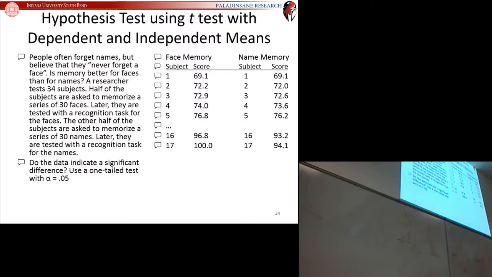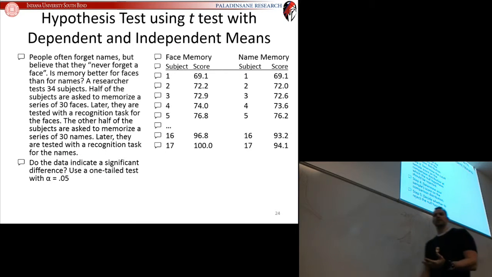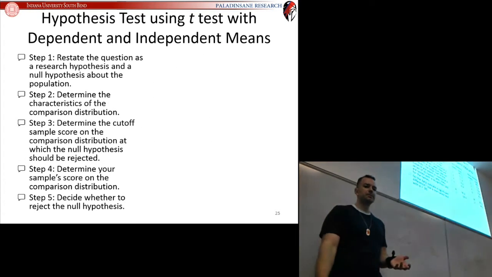So subjects measured once, two distinct samples. That's an independent means t-test. The correct analysis for this situation is an independent means t-test. So we have 17 subjects over here who memorized faces, and an additional different set of 17 subjects over here who memorized names. All right, so we've identified this as an independent means t-test.